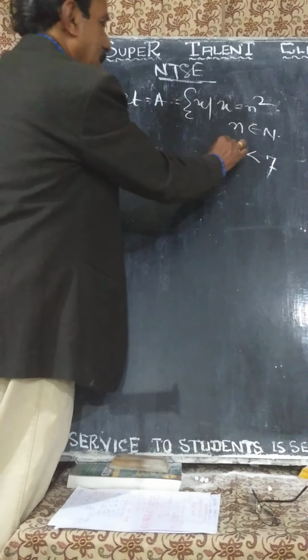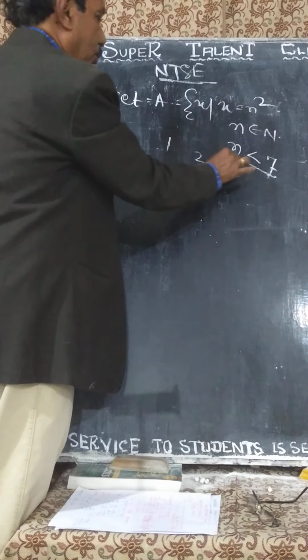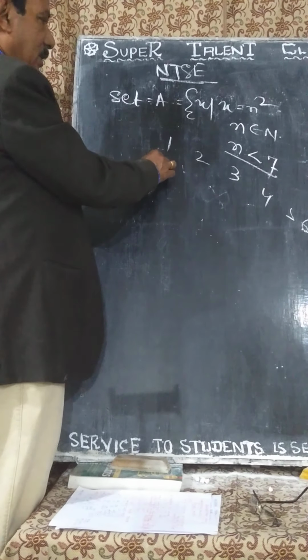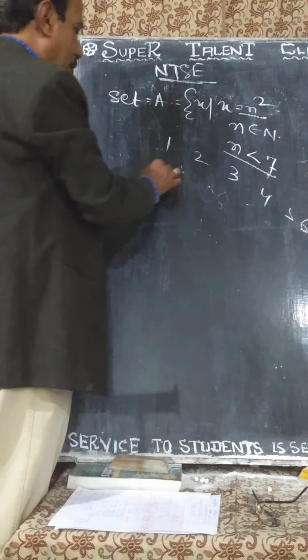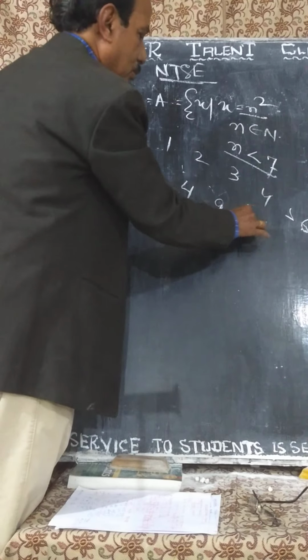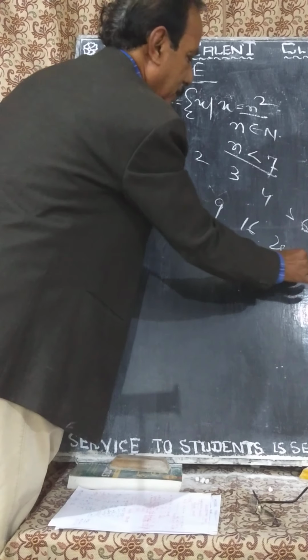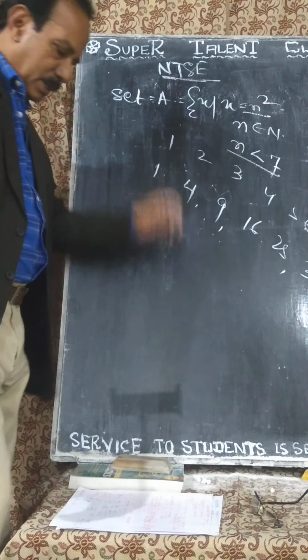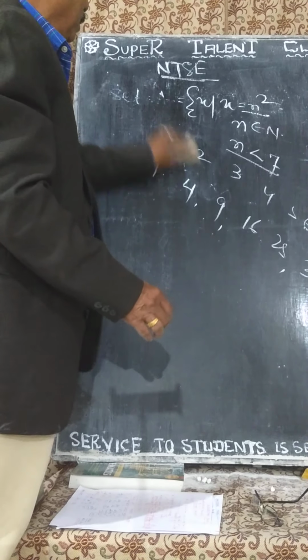If n is less than 7, it will be 1, 2, 3, 4, 5, 6. So the logic is n square: 1 square is 1, 2 square is 4, 3 square is 9, 4 square is 16, 5 square is 25, 6 square is 36. Clear now? Now you see why I told you about the set.